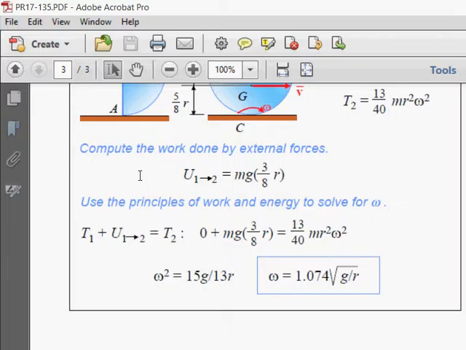So this is the other equation that says mg times 3/8 r equals 13/40 m r squared omega squared. So omega squared is 1.74 g over r.